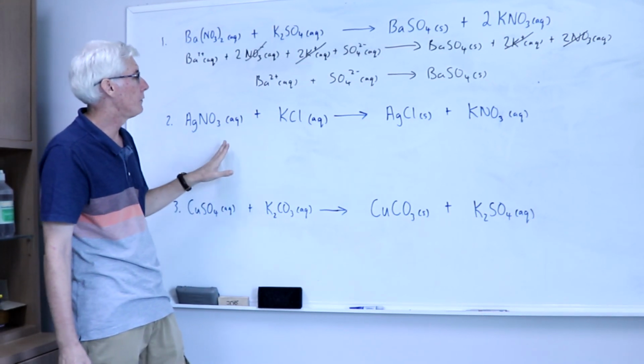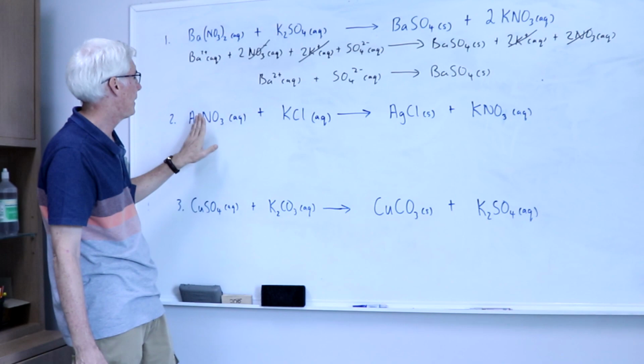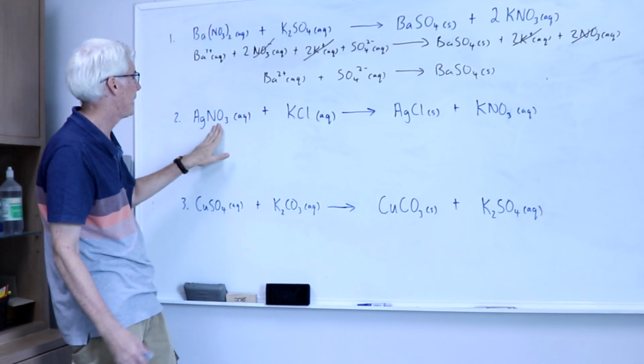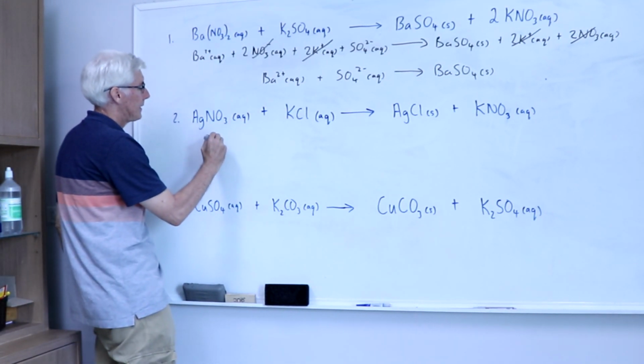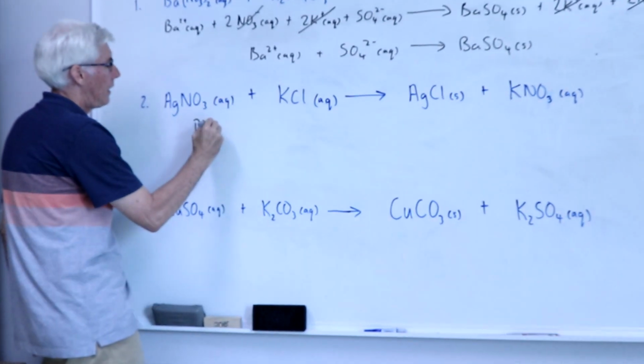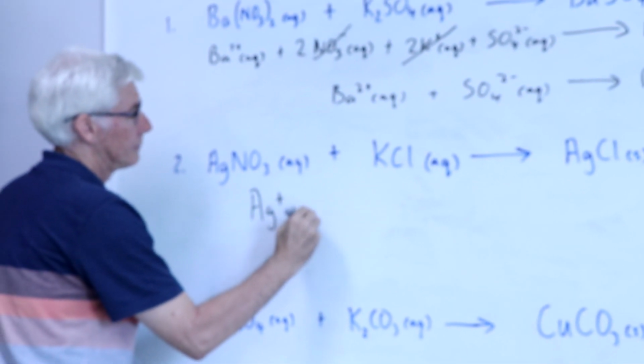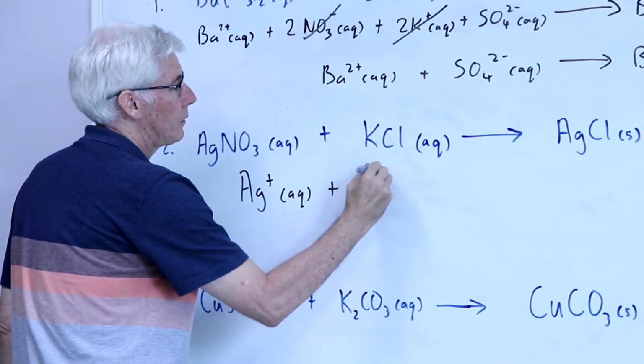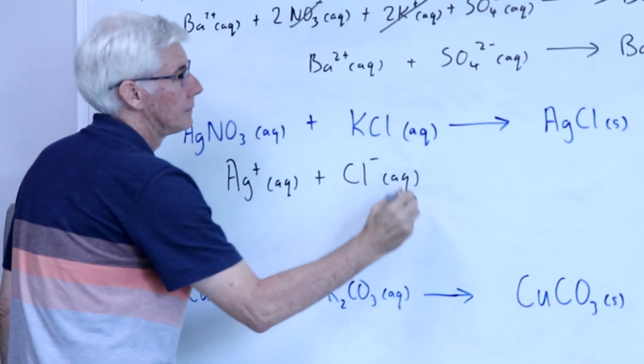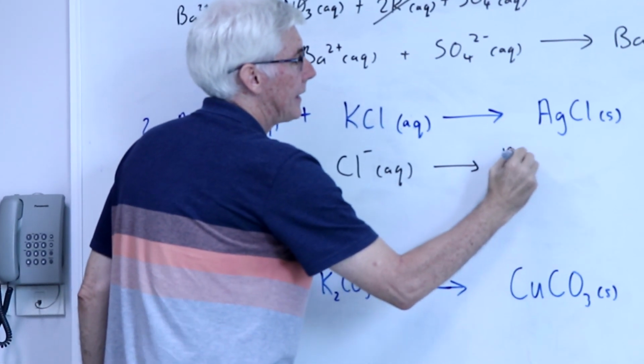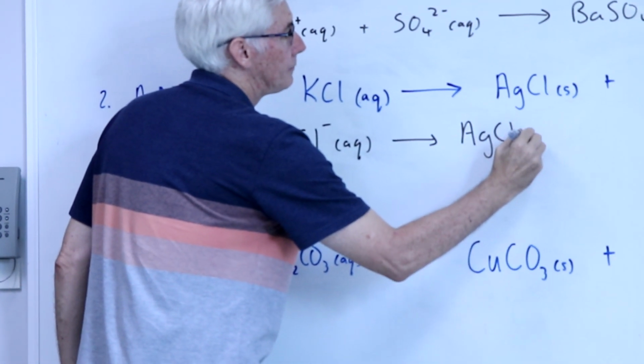When we write the overall equation, we don't need to mention the potassium or the nitrate ions. So we have silver ions, we react them with chloride ions, and we get our precipitate, silver chloride.